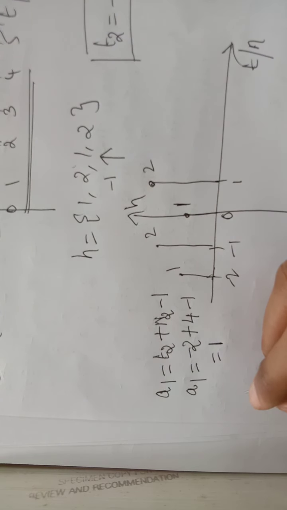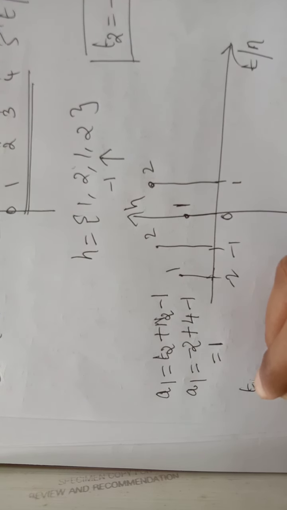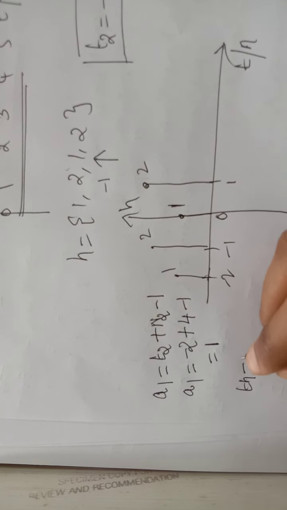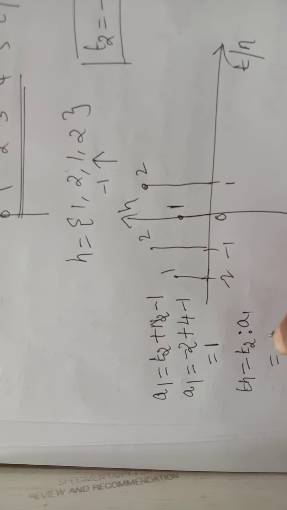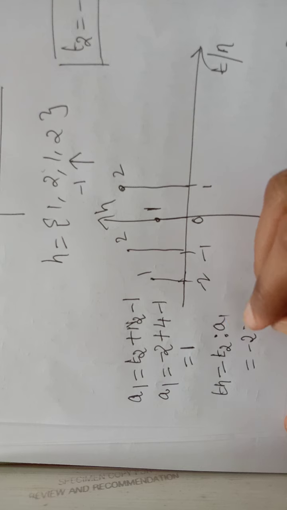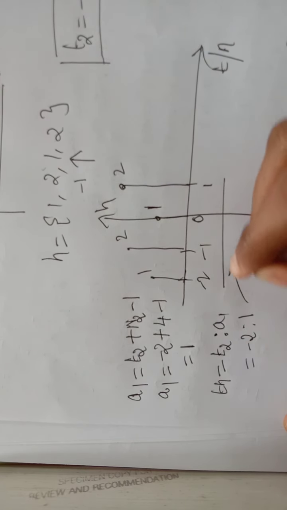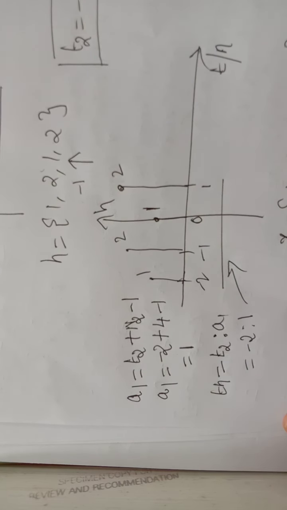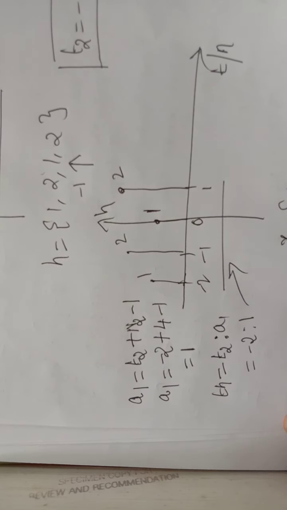Okay, so the time for h equals what we used there, t1 to a. Here similarly I am going to use t2 to a1. So what is t2? -2, and a1 is 1. So we get -2 to 1. Similarly, we can have the index.